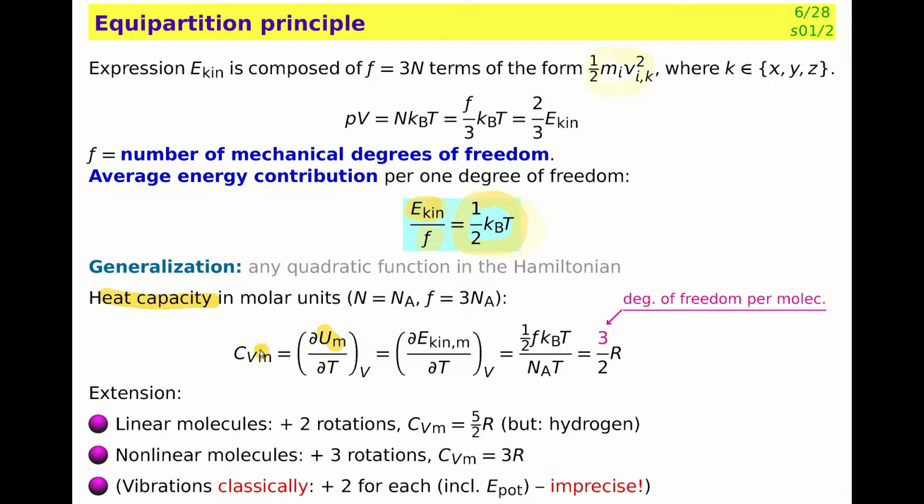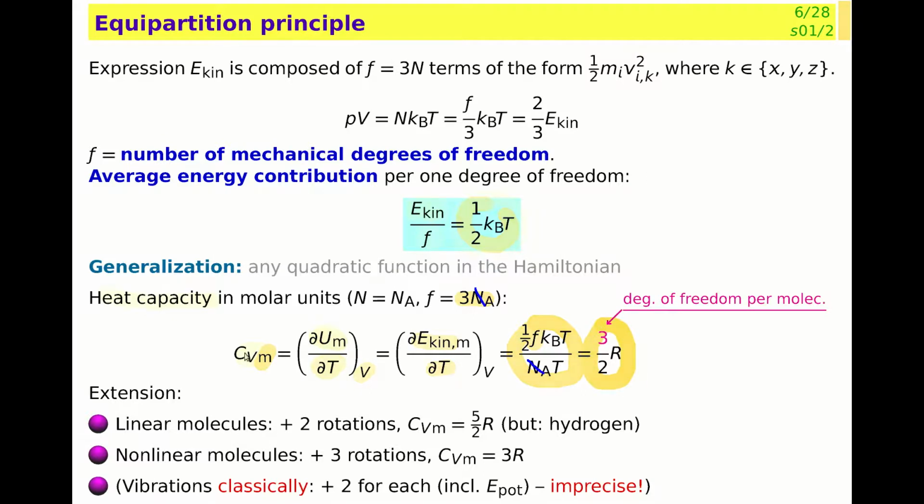It is defined as a partial derivative of the internal energy over temperature, in this case at constant volume. This is what we assumed. So we take this derivative using this formula, and here we have the number of degrees of freedom, which in 1 mole is 3 times the Avogadro constant, and by cancelling this, we'll get an important formula.